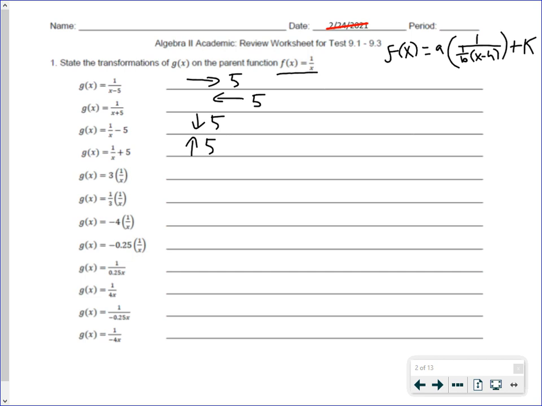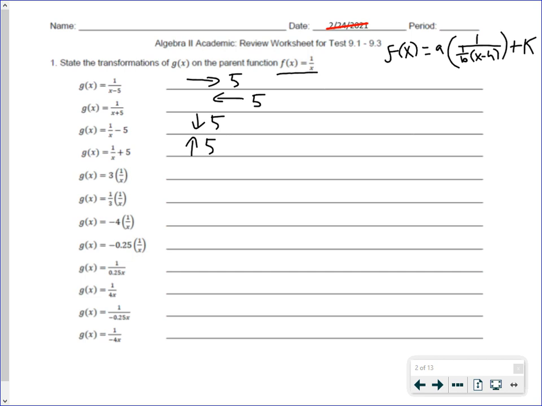Next, we have g of x equals 3 times 1 over x. That 3 is our a term. So let's write this out to the side over here. What our a's are going to do is tell us if we're being vertically stretched, vertically compressed, or if we're reflecting over the x-axis.